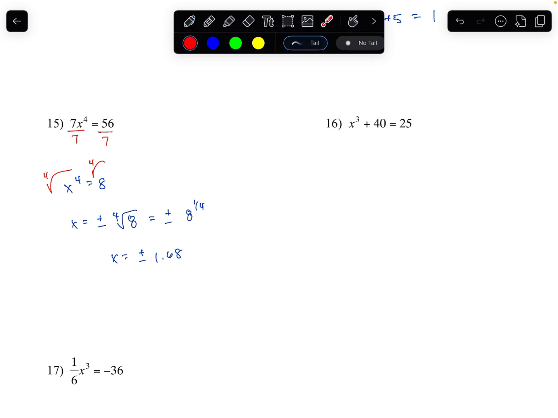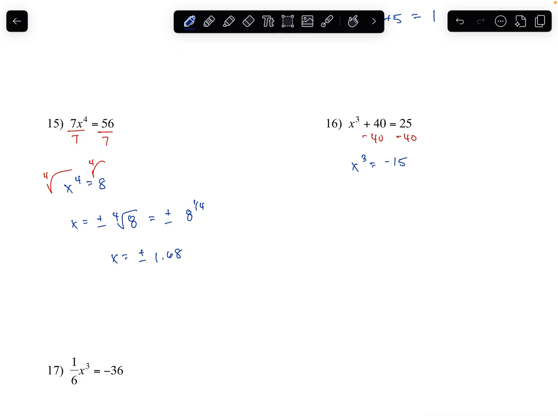Okay, this next one right here, so I'm trying to get this expression by itself. So I'm going to subtract the 40. So I get x to the third is equal to 25 minus 40, which would be negative 15. And then I'm going to use a cube root.